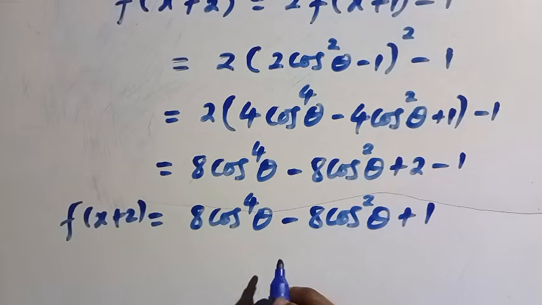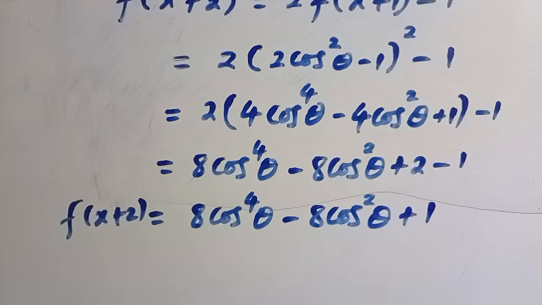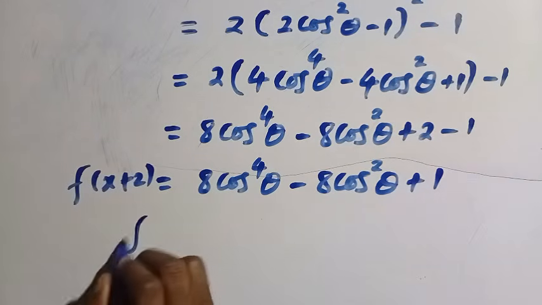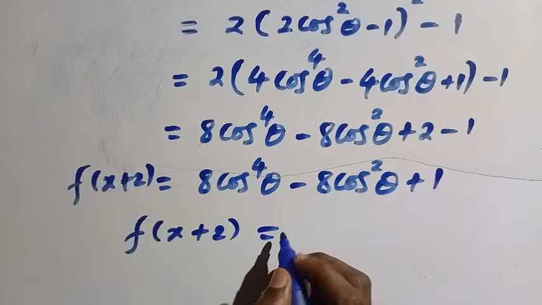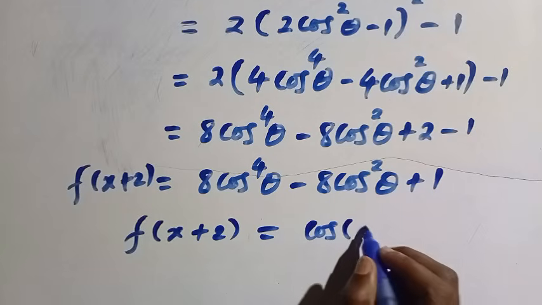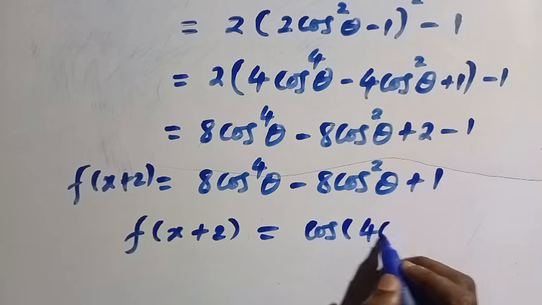Looking at this right-hand side, this is another multiple angle value. The first one is double angle, and this one is the quadruple angle, so f(x+2) equals cos 4θ.